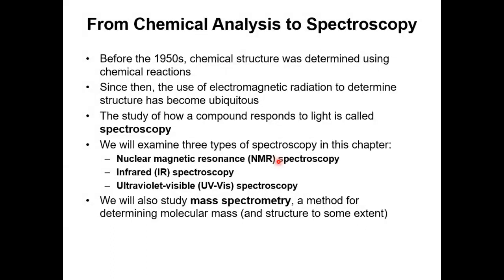The second one is infrared spectroscopy. It's also pretty important, let's say second most important in this chapter. And UV-visible spectroscopy is not hugely important in organic chemistry, but it's pretty important in analytical chemistry for quantitative determination.